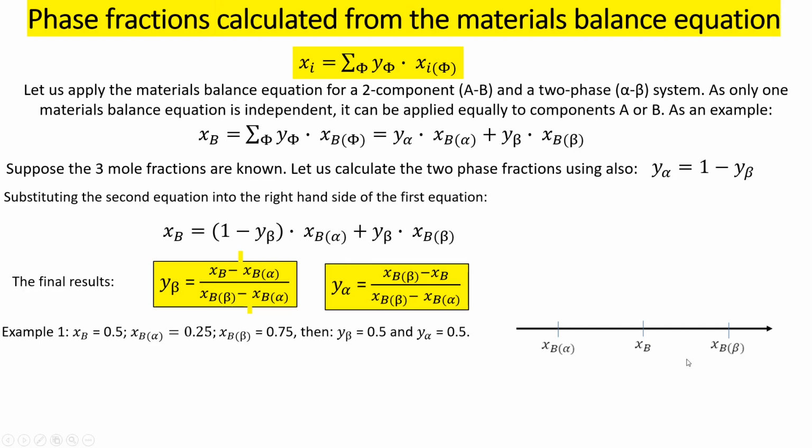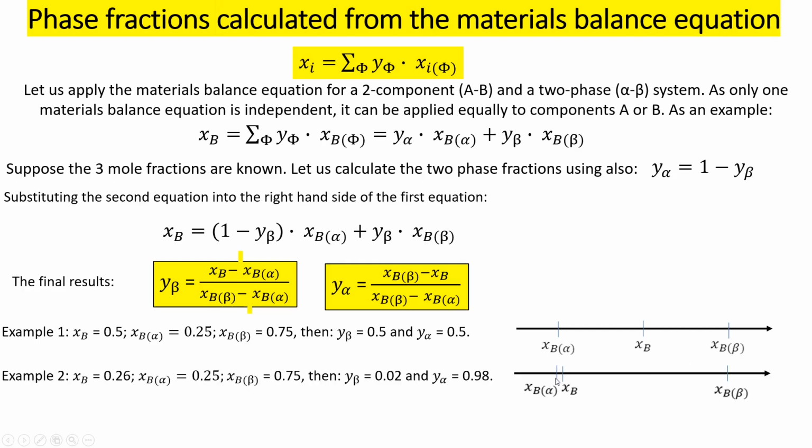Now in the second example I use the same range of xb alpha and xb beta, 0.25, 0.75, but this time I position xb, the average mole fraction of b in the system, very close to that value for phase alpha. So I selected it like 0.26, very close to 0.25.